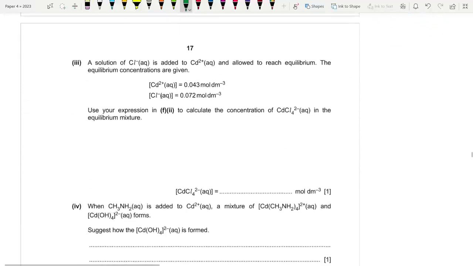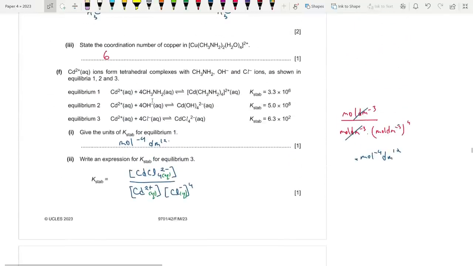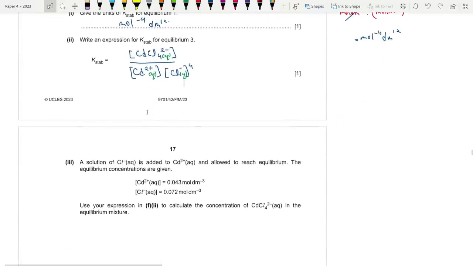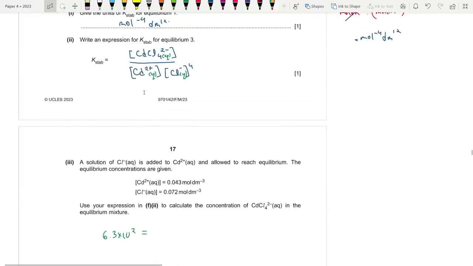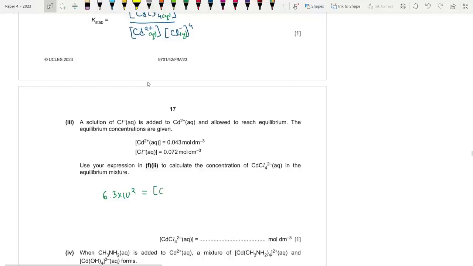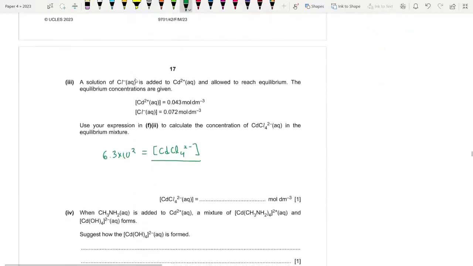The solution of Cl- aqueous is added to Cd2+ and allowed to reach equilibrium. The equilibrium concentrations are given. Use your expression in part 2 to calculate the concentration of CdCl4 2-. So Kstab is 6.3 times 10 to the power 2. 6.3 times 10 to the power 2 is equal to [CdCl4 2-] divided by [Cd2+], which is 0.043, times 0.072 to the power 4.